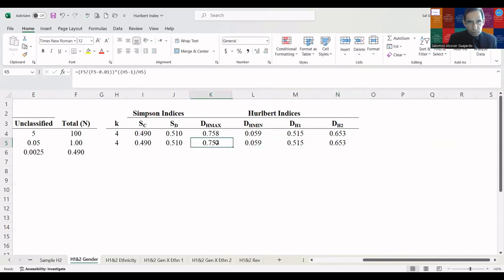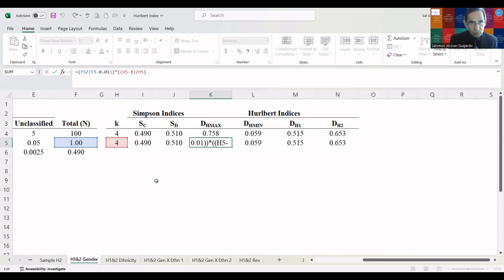So let me go to the maximum score. Again, I'm using the percentages. So it's going to be 100 divided by 100 minus 0.01 times k minus 1 divided by k.